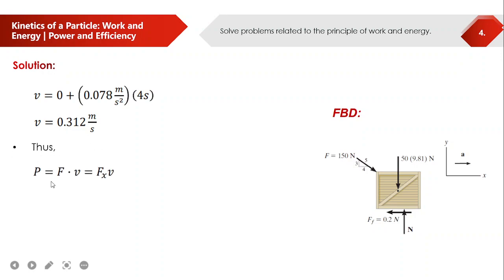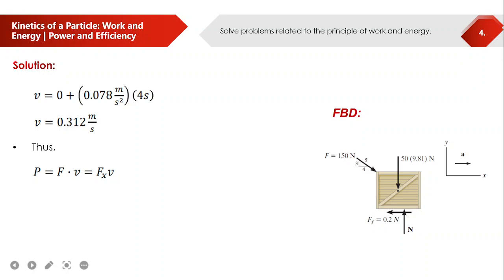Thus, P is equals to force times the velocity, which is your force should be the vertical component. Okay? Vertical component siya kasi yun yung basehan natin ng power, no? Bali ito yung magsisignify sa kumbaga, para siyang component ng force natin in vertical, in horizontal manner.